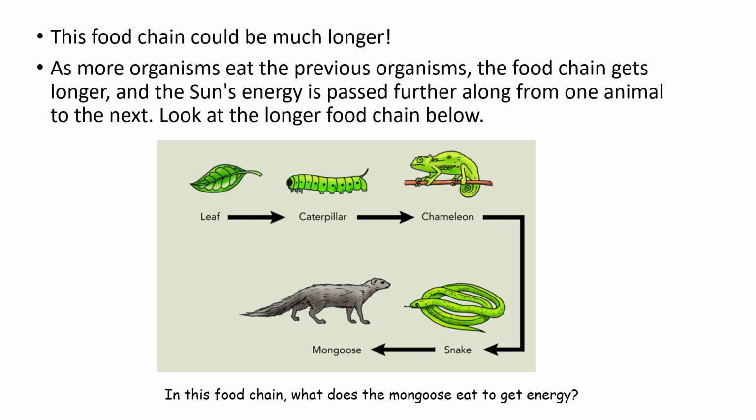As more organisms eat the previous organism, the food chain gets longer, and the sun's energy is passed further along from one animal to the next. Look at the longer food chain below. In this food chain, what does the mongoose eat to get energy?